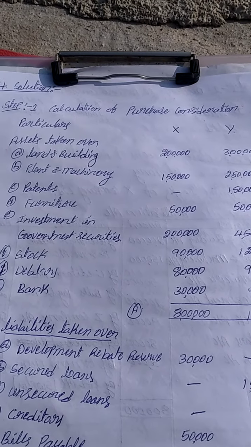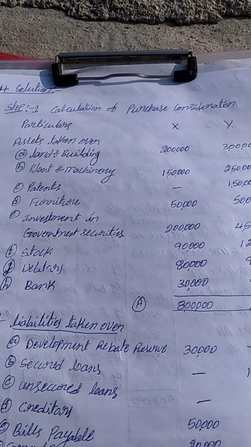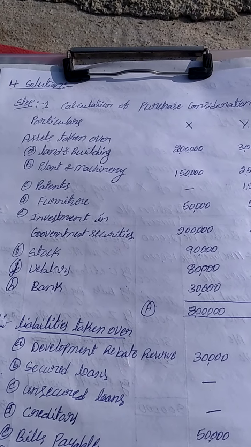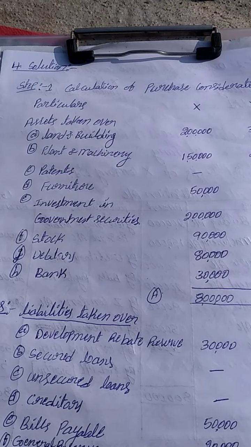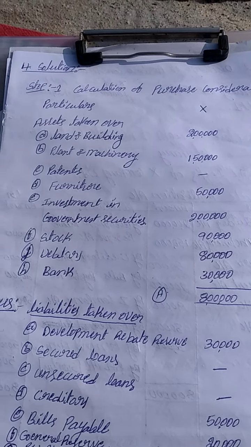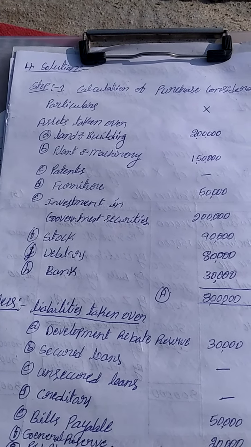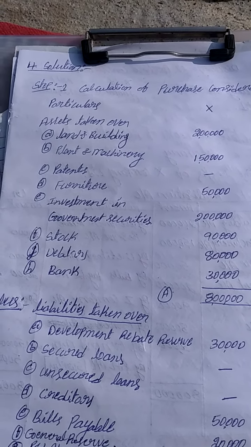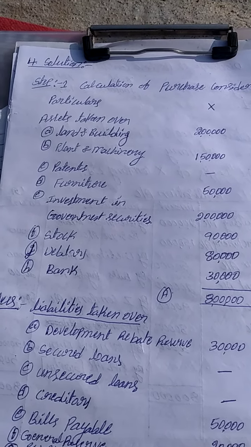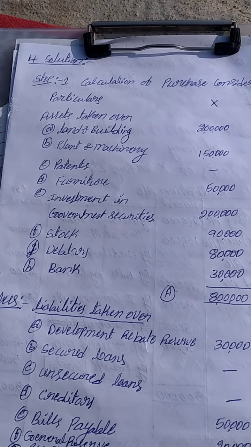Here in this case, nature of merger, all assets and liabilities are taken over by transferee company, that is a condition to remember. In the nature of merger, all assets as well as liabilities are taken over by transferee company. So here in this problem, need not specify which assets and liabilities are taken over. You have to understand that all are taken over.